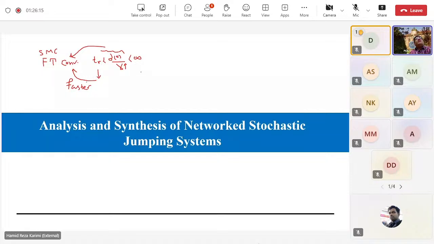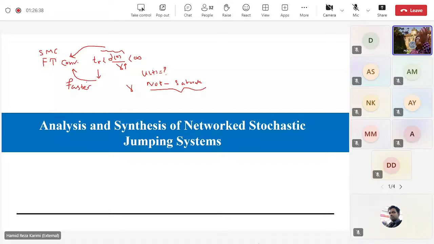You need to look at the control signal, because it should not saturate. If you increase gamma, the control signal may saturate, so you cannot increase it too much. There is a gamma max.